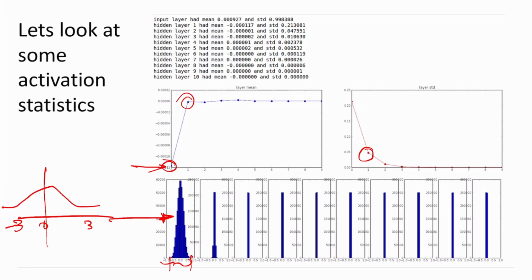The mean for every layer remains fine, which is 0, which is what we like. But look at the standard deviation. The standard deviation of the second layer is still non-zero, but after that it collapses to just this one value of 0. So all my activations become 0 because of this weight initialization.